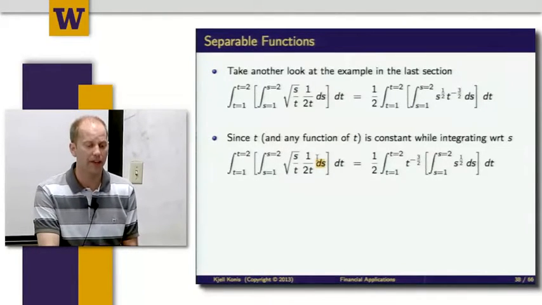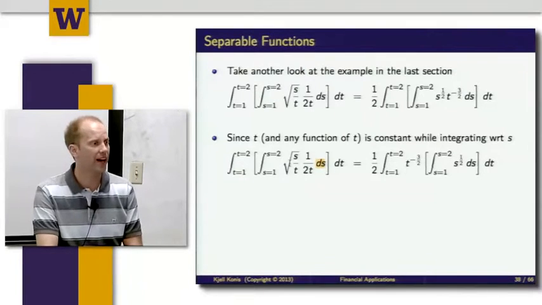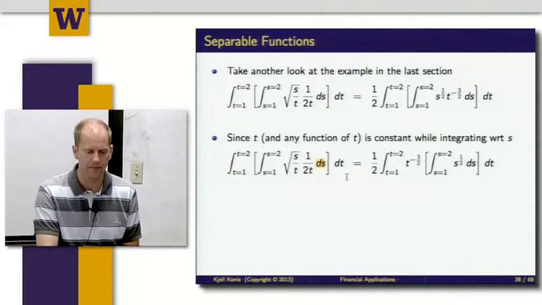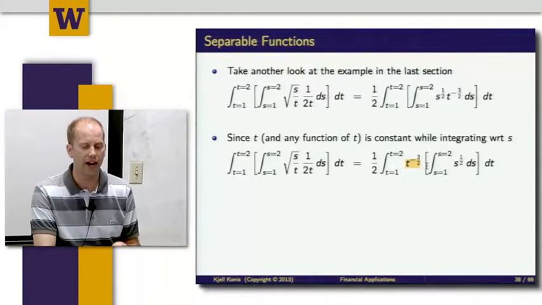Anything that's not an s is constant with respect to this integral, so I can move that across the integral sign, and I'll get what I have on the right-hand side here. So I get the t to the minus 3/2. That's constant with respect to this integral in here, so I'm going to bring it out front.